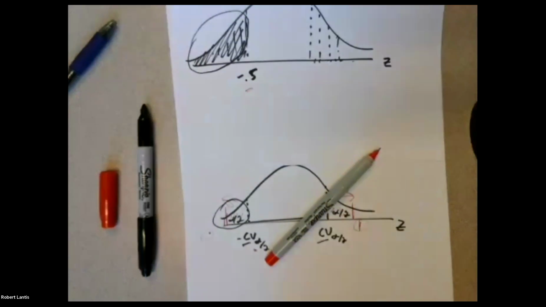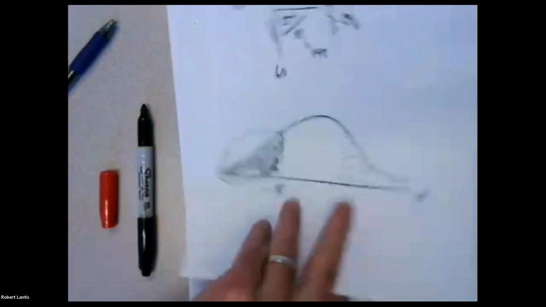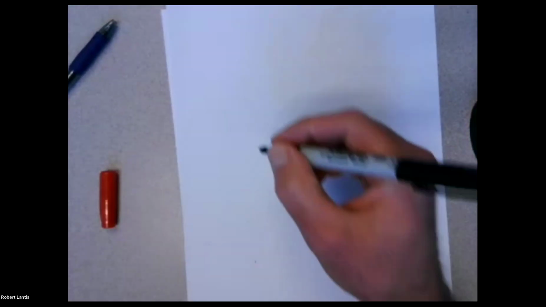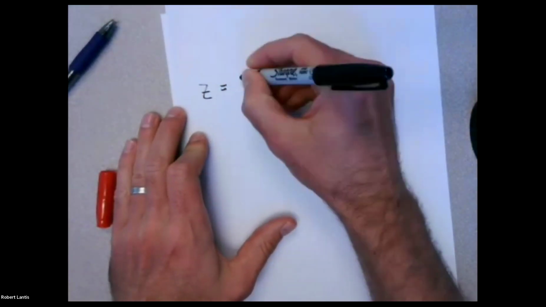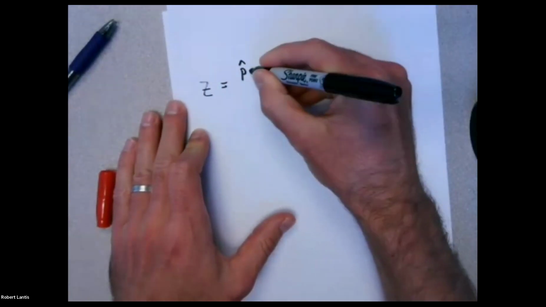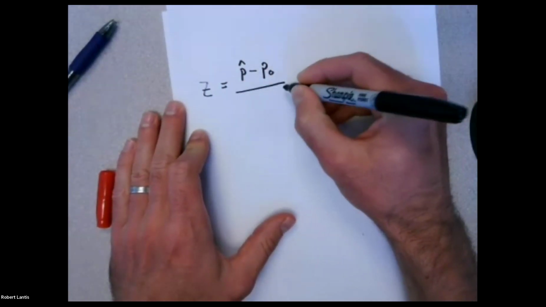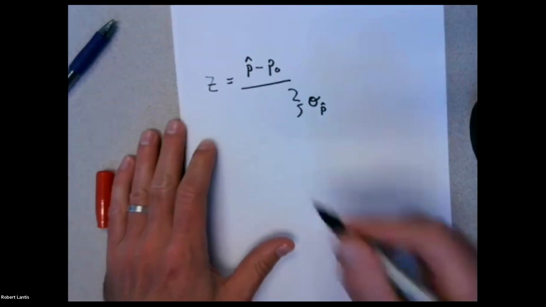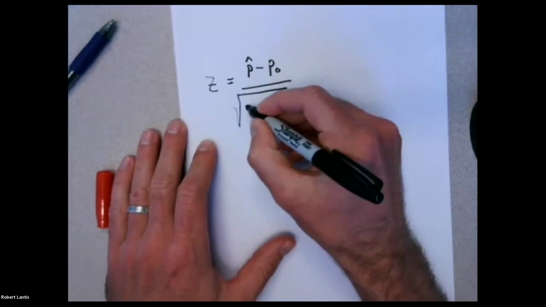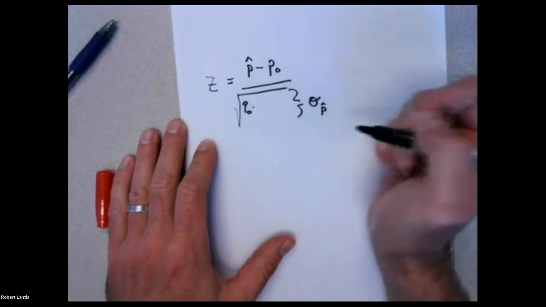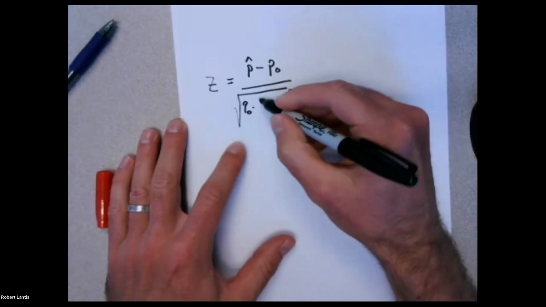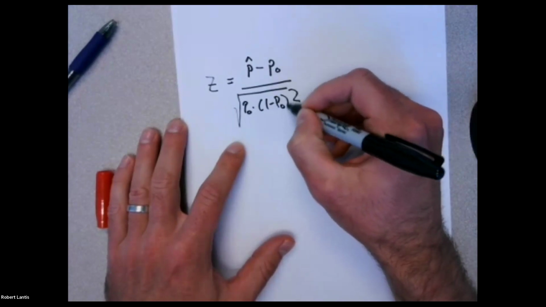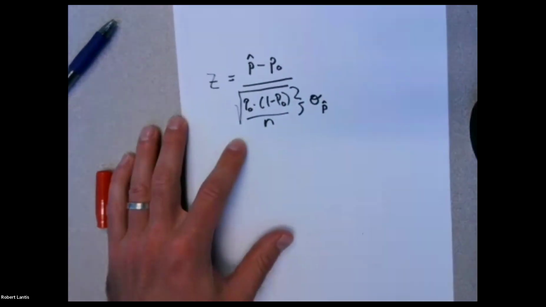Now, when I'm looking at test statistics for proportions, the equation is pretty similar to what we were doing before, but a little bit different. I'll take my sample proportion, subtract the assumed true proportion, and then divide by the standard deviation of my sample proportions, which we said was the square root of the assumed population proportion, times 1 minus that, divided by our sample size.